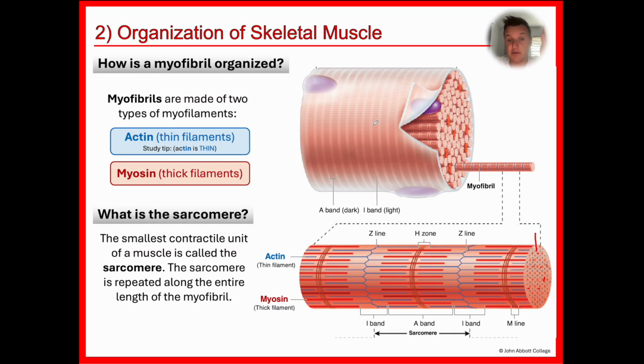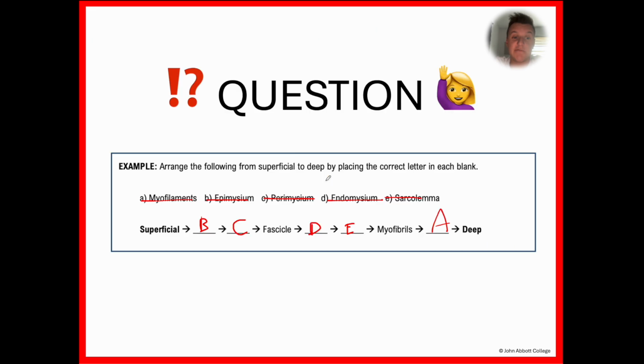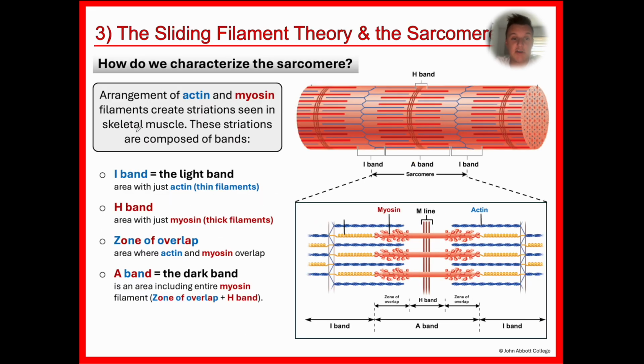The zebra stripes, right? They come from the arrangement of the actin and the myosin. So here, in these lighter regions, you have the thinner fibers, and in these darker regions, you have the thicker fibers, right? Remember I told you that the actin is thin, the myosin is thicker.